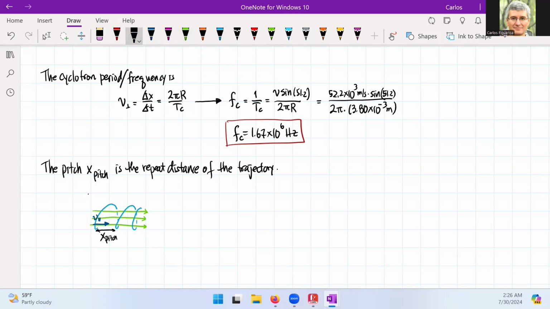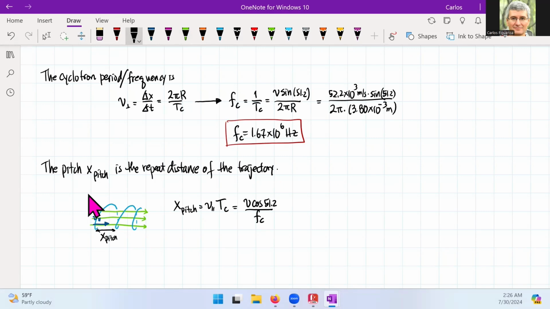So when I go to calculate that distance here, we then say that x pitch has to be how fast is it moving parallel, times the time, which is the cyclotron period, or I can write v cosine of 51.2 divided by the cyclotron frequency.